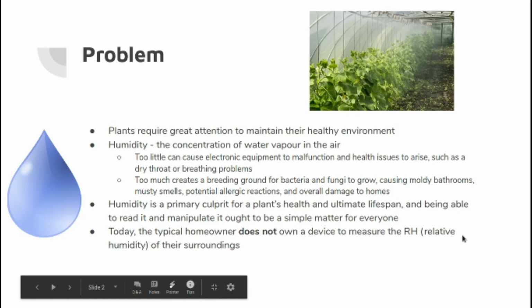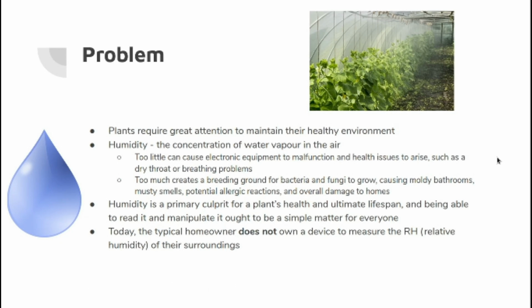Now, it's not just our personal health that is a factor, it's also the health of other things living in our homes, including plants. And even the electronic devices in our house are somewhat humidity dependent. And even though it plays such a role, the ability to track humidity in your own home typically isn't there.